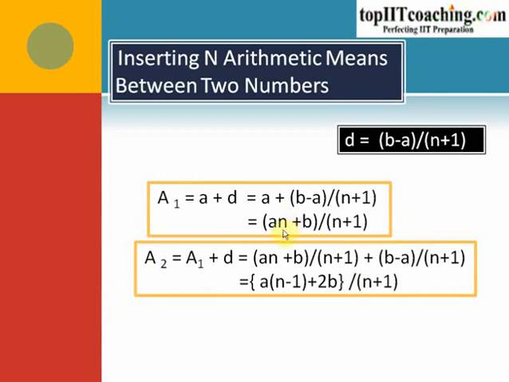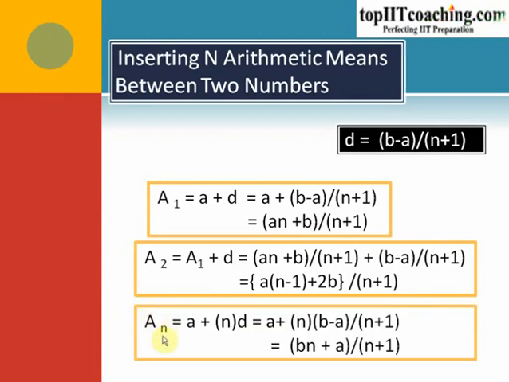So we see that the coefficient of a is decreasing: it is n here, it is n minus 1 here. Also the coefficient of b is increasing: it's 1, it's 2, and the denominator remains the same. So the value of an would be equal to a plus n times d, which is a plus n into (b minus a) divided by (n plus 1), or (bn plus a) divided by (n plus 1). Thus this is the way to find n arithmetic means between two numbers a and b.